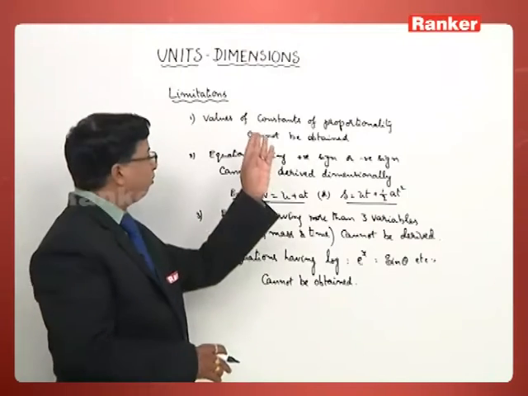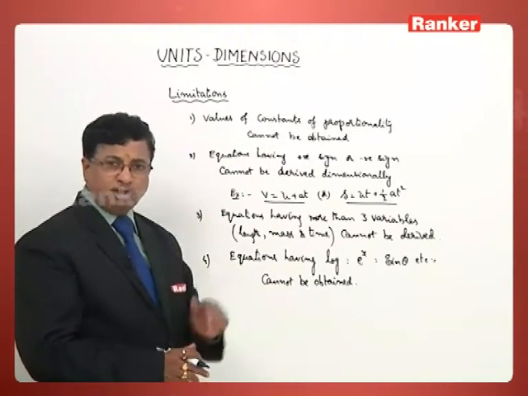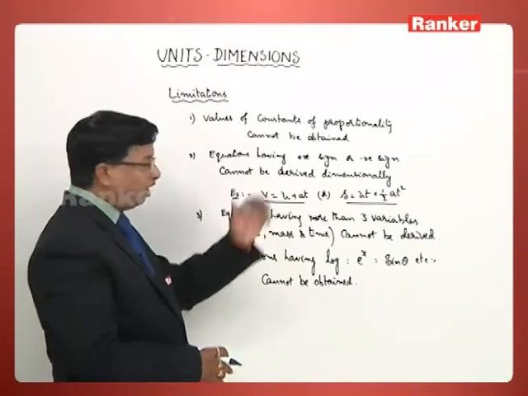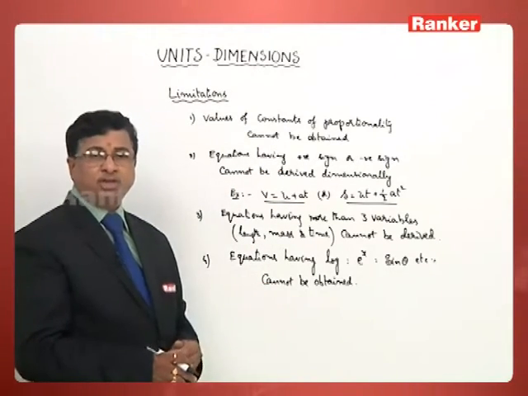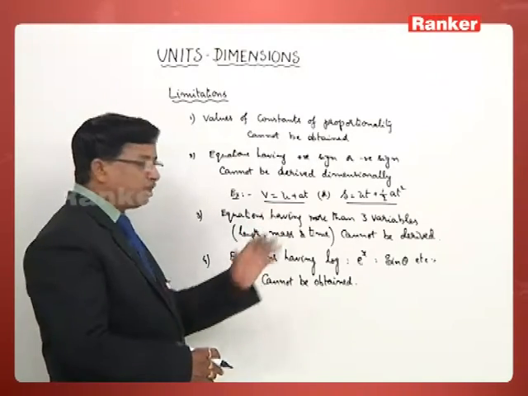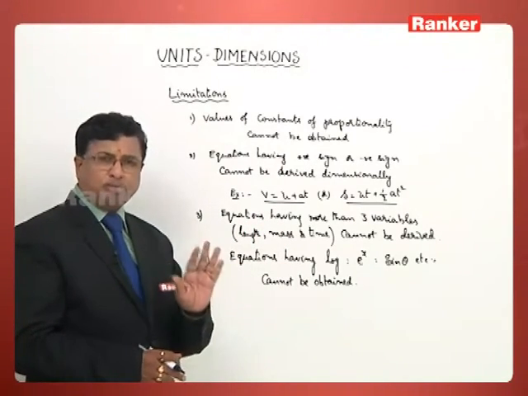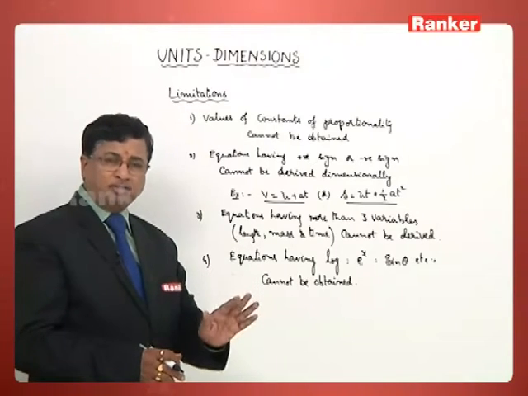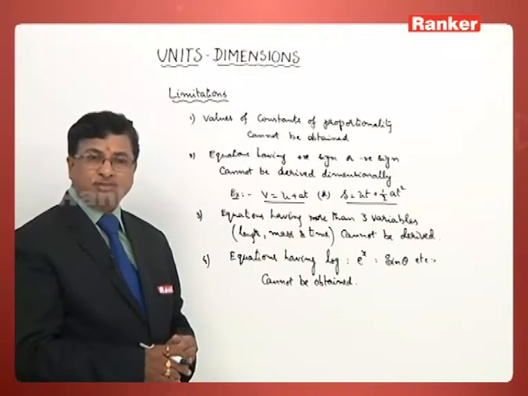So, constant of proportionality, of course, you cannot directly calculate. Equations having addition or subtraction signs cannot be obtained dimensionally. Equations having more than 3 variables, what should be those 3 variables? They are stipulated ones like length, mass and time. More than that not possible using dimensional analysis.